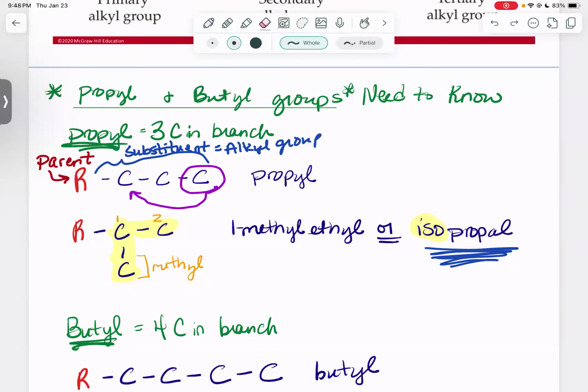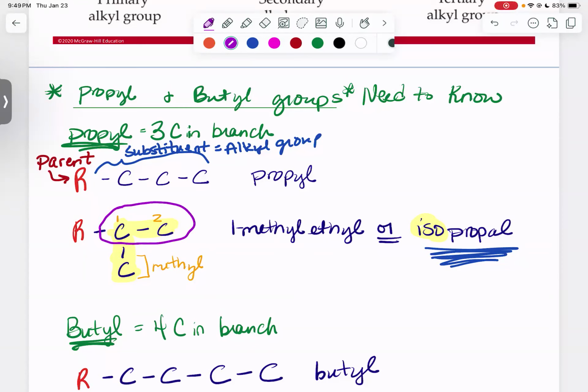So there's a common way to say that, which is isopropyl, and then there's a scientific way to say it. In the scientific way, within the substituent there's a parent chain. So here's the parent chain in the substituent because it's the longest continuous chain.